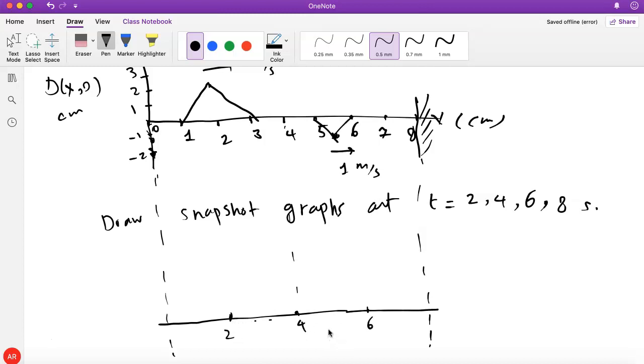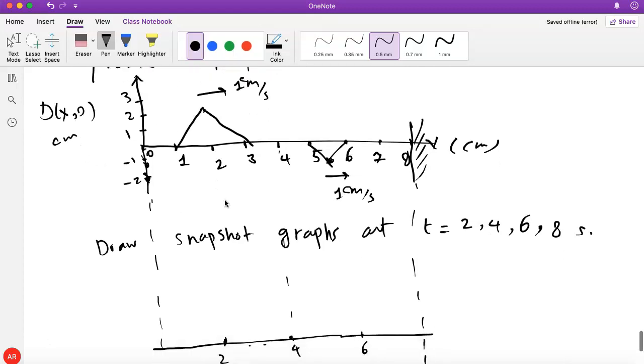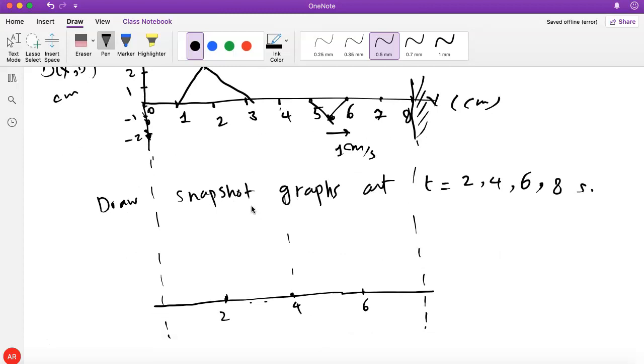Okay, so at t equal 2 seconds, we're moving with speed 1 centimeter per second. Sorry, the distances are in centimeters. So the pulses should move forward by 1 centimeter per second. So after 2 seconds, at t equal 2, this should be between 3 and 5, right?